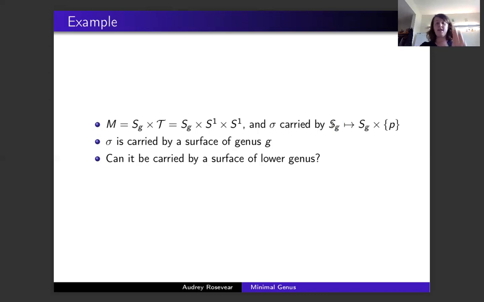Now we can carry this class by surfaces of higher genus by, if you imagine taking your surface and adding on little handles to it to increase its genus, but small enough that they don't really go anywhere interesting in the manifold, that's going to represent the same homology class. So that map would carry the same class. So we can definitely do higher genus. Can it be carried by surface of lower genus?